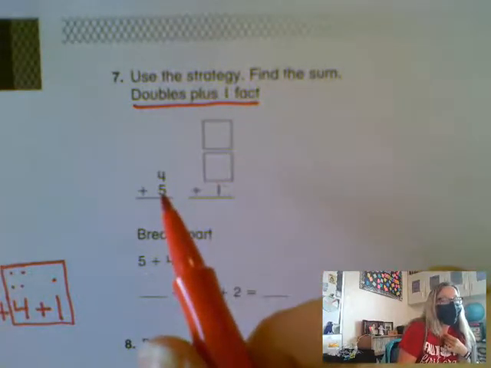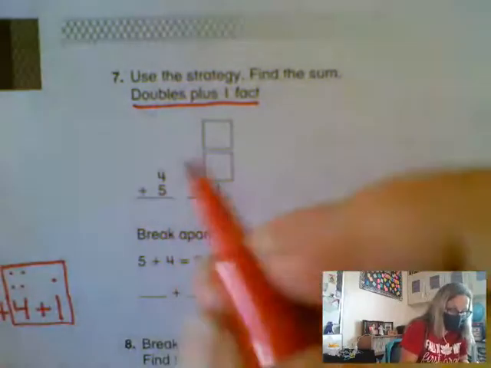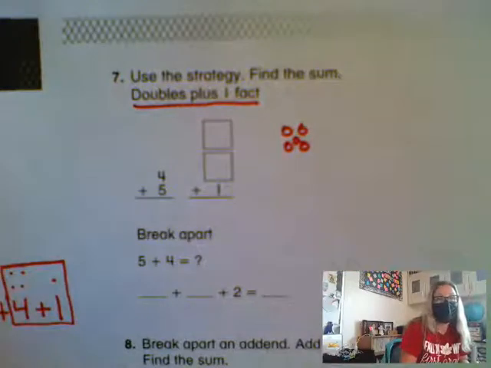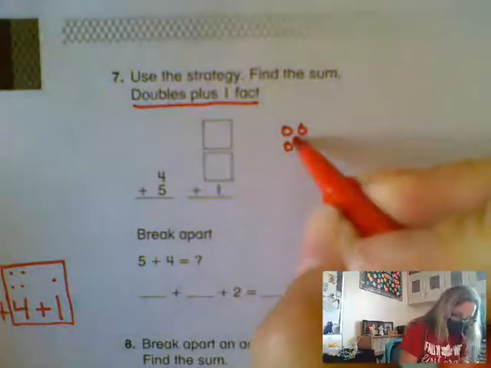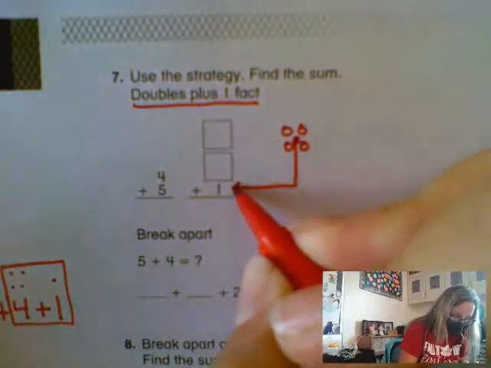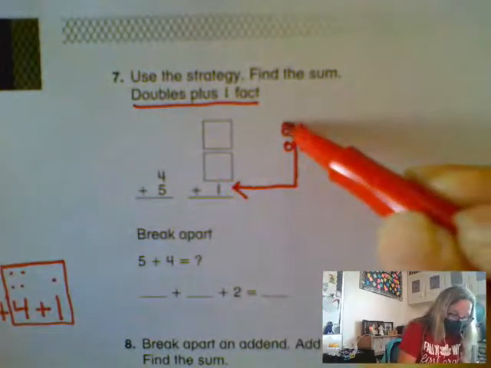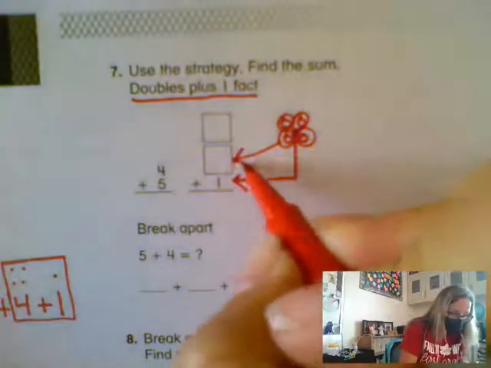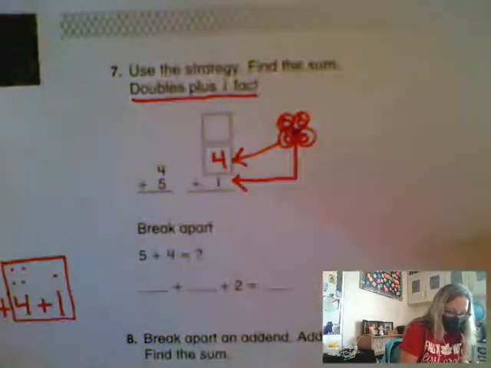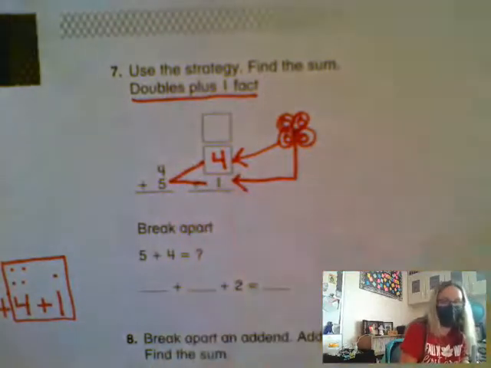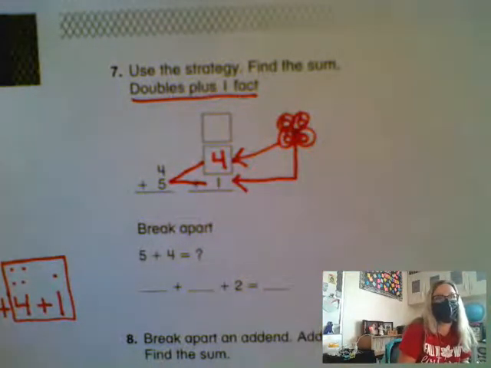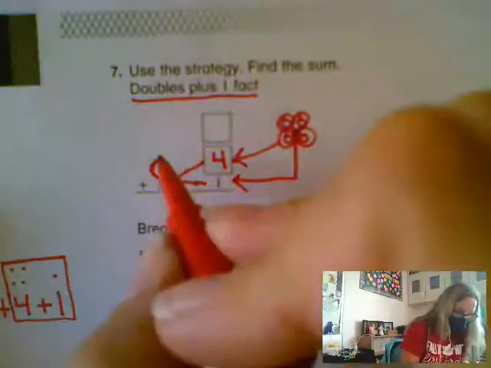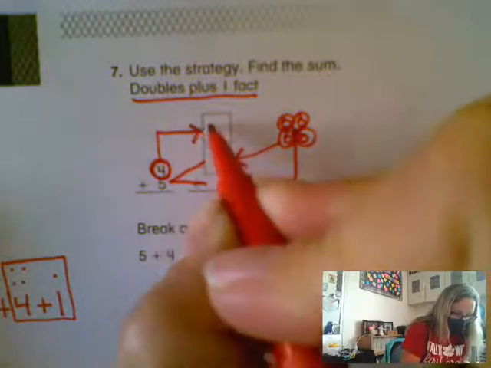Well, if I take this 5, okay, so here's 1, 2, 3, 4, 5, and I take one of them, we'll take this middle guy, and I put it here, then I still have 1, 2, 3, 4 more that I have to put here. So I took my 5 and I broke it into 4 and 1, right? Now I have to take this other 4 because I can't forget about him, and I'll put him in this box.